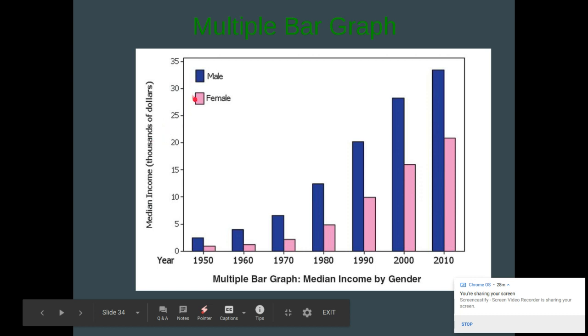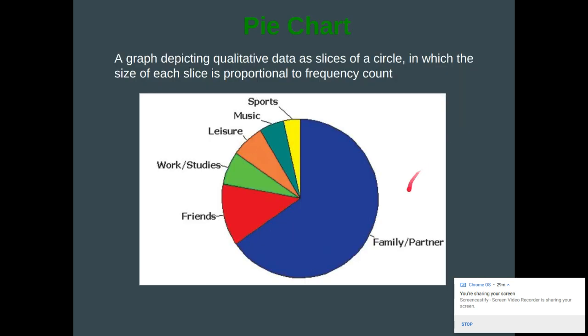Blue is male, pink is female, and we can see that as time has gone on, male income has gone up, as has female income, but the disproportionality between the two of them is still excessive in my mind.